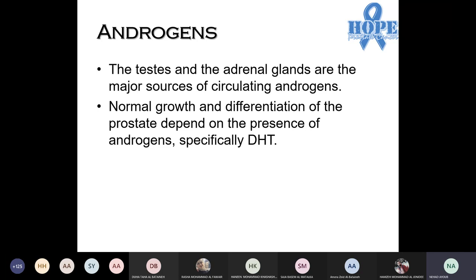In general, we consider prostate cancer a not very aggressive carcinoma. It is considered more indolent compared to other cancers, maybe compared to colon cancer or breast cancer.